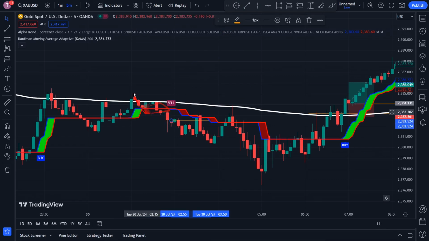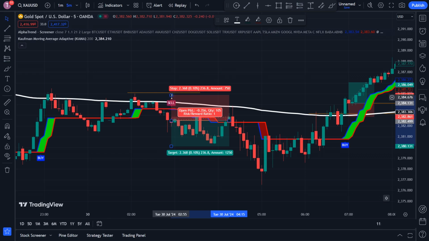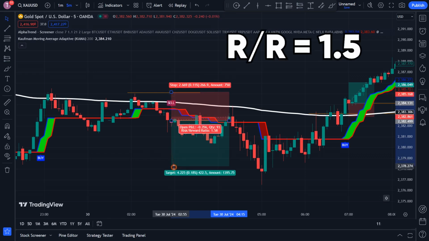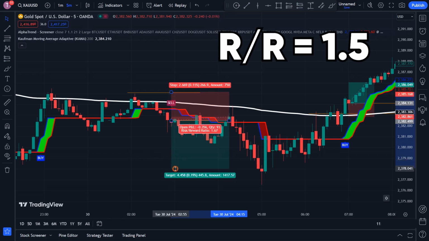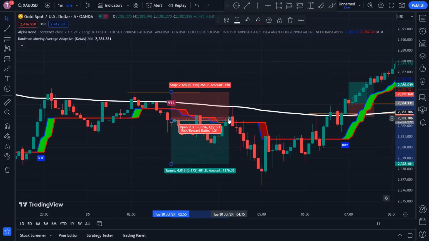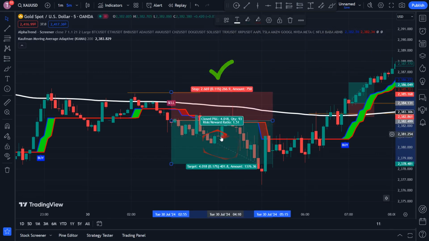Now we can place our stop loss a little above the last swing high. Now we can enter the sell trade, and for the take profit, just set our risk to reward ratio as 1 to 1.5. Now we need to wait for the trade to close with a profit.